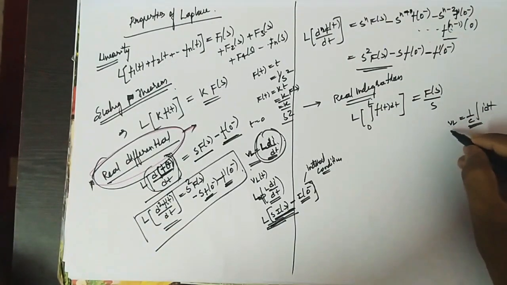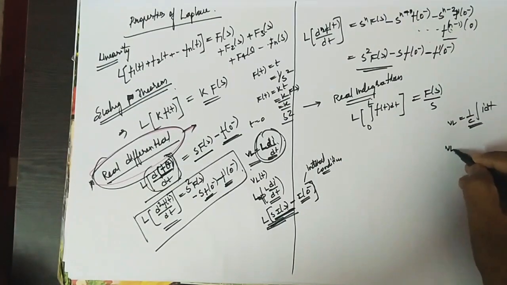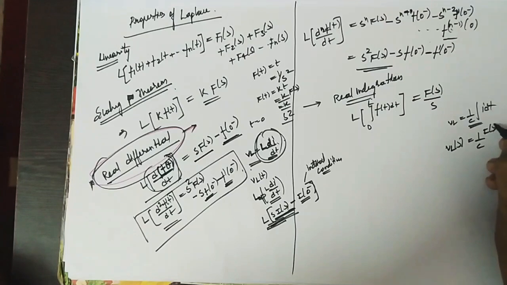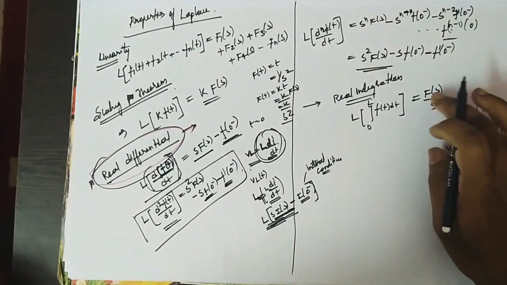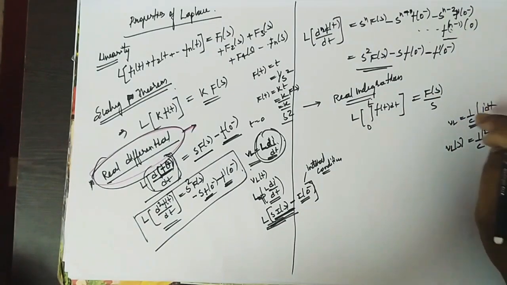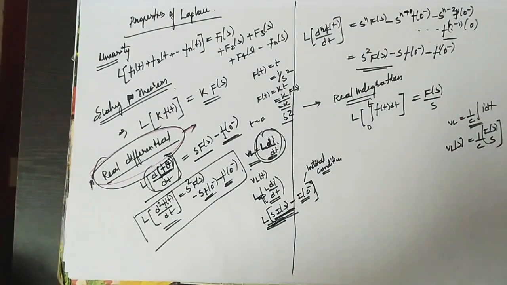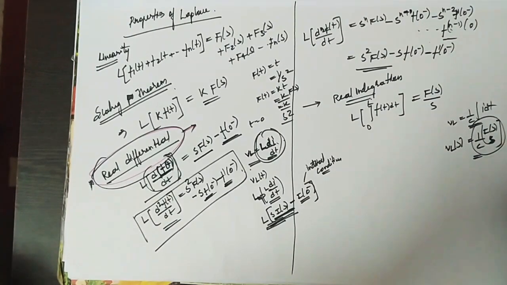If you apply Laplace to this, it becomes 1 by C into I of s by s. So you use the differential and integral theorems to transform this equation to this equation. No integral, no differentiation here, only an algebraic form.